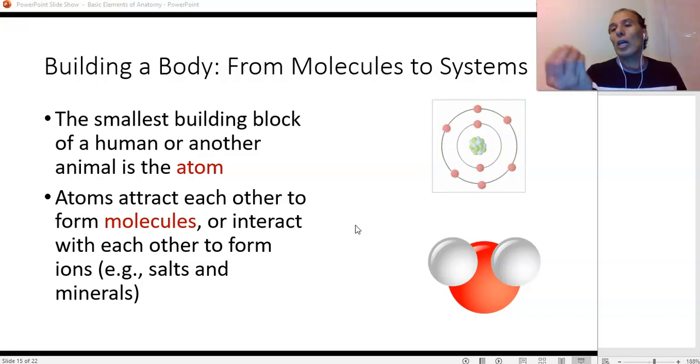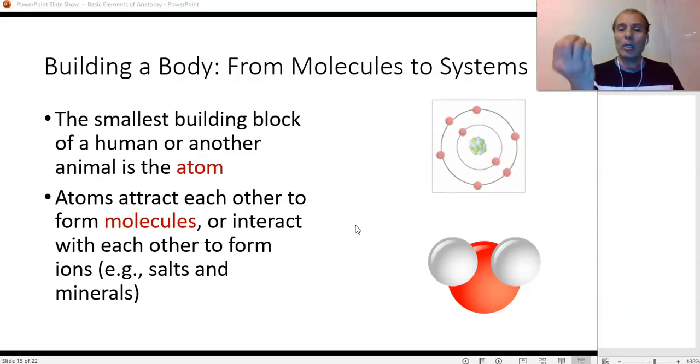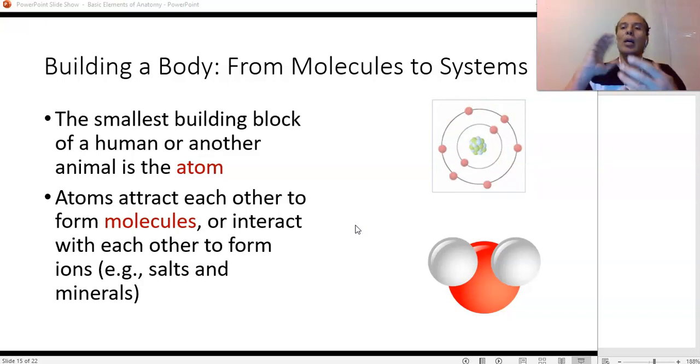So you start with atoms. An element is an atom. These atoms come together and they form molecules. For example, we have 2 hydrogens and 1 oxygen, as this picture shows. What do you get?